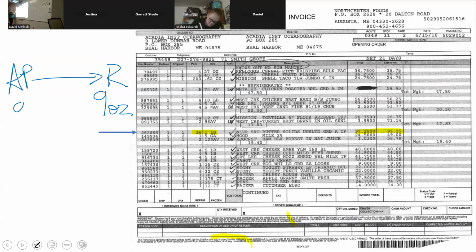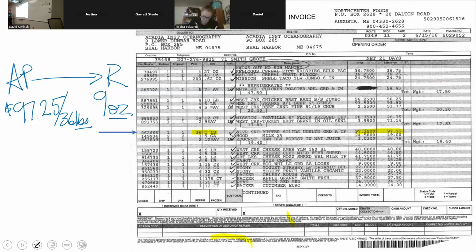Our as purchased is $97.25 for 36 pounds. Do our units match? We do not. We have pounds and we have ounces. So we have to convert in some way.